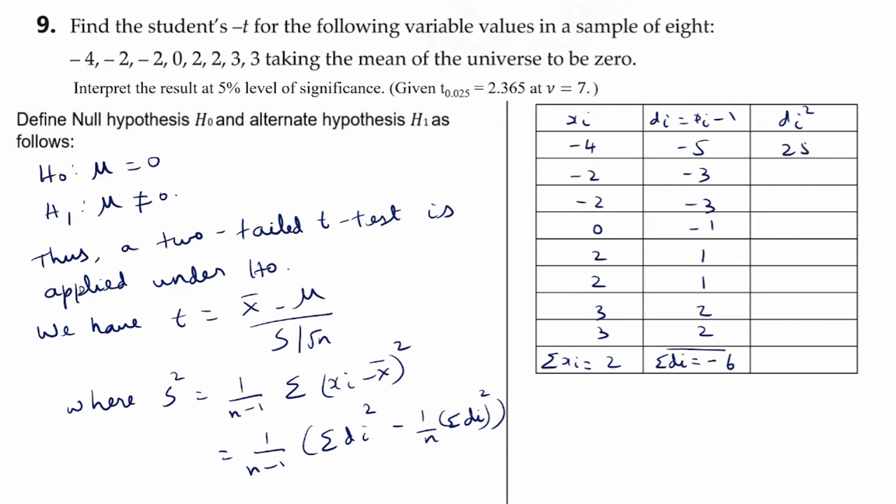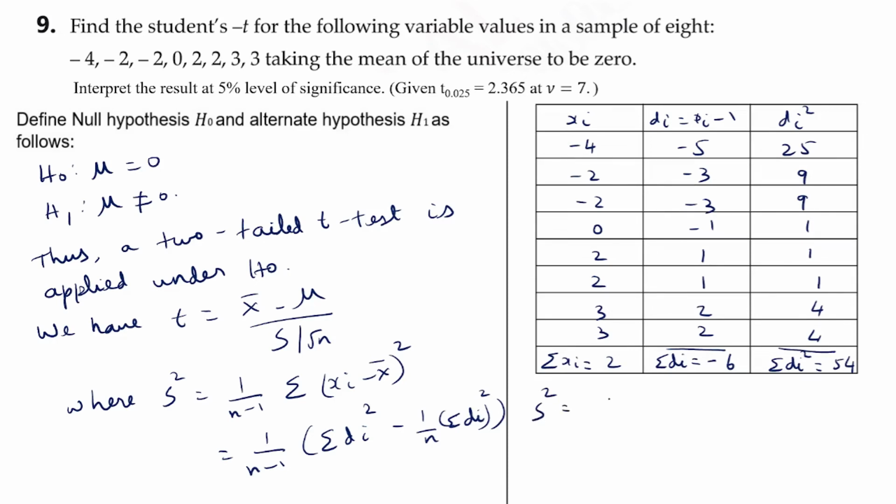And now let us find di square. Di square is 25, 9, 9, 1, 1, 1, 4, 4. So when we add, we get summation di square equal to 54. Now let us find s square.